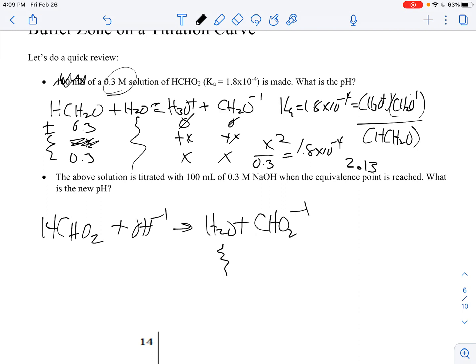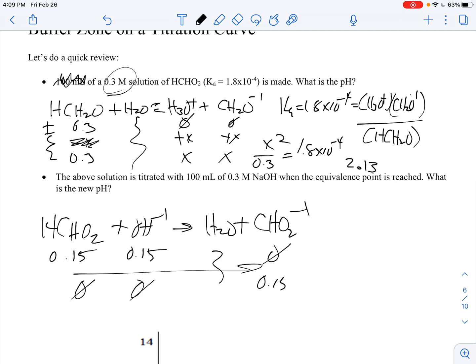So what did we talk about doing before when we were at the equivalence point? We talked about taking it all the way over and then flipping it. So if I've got 0.15 and 0.15 and who cares and 0, I'm going to take this all the way over so that I'm left with none and 0.15, and now flip-flopping it around.